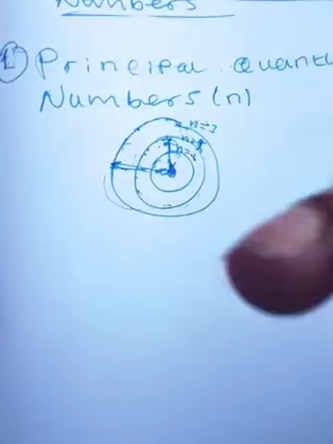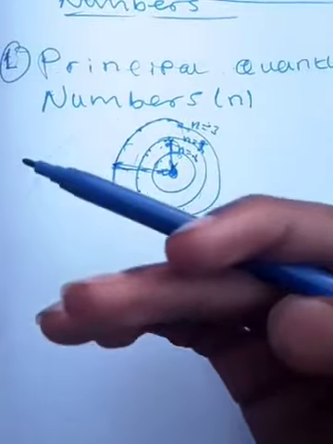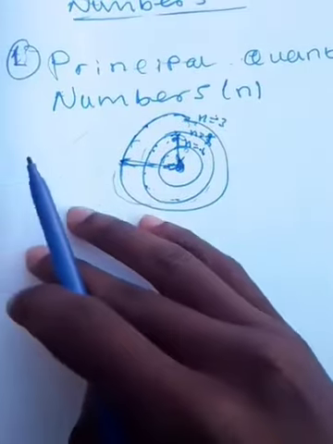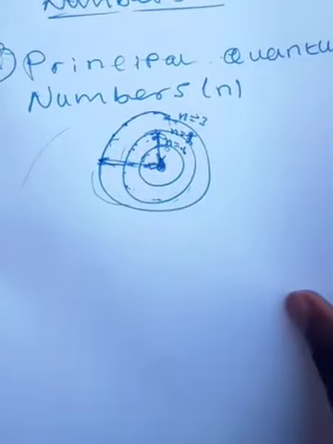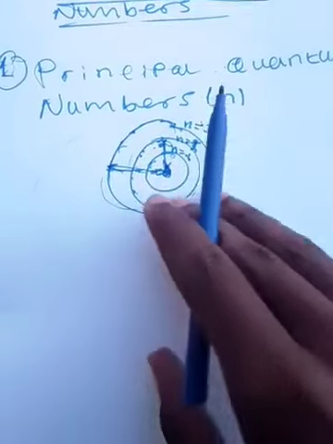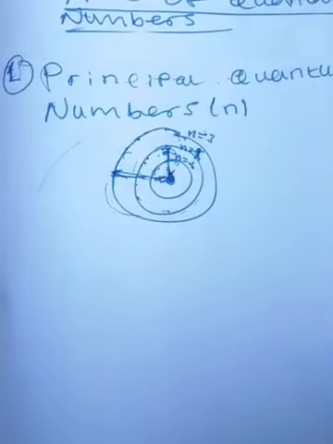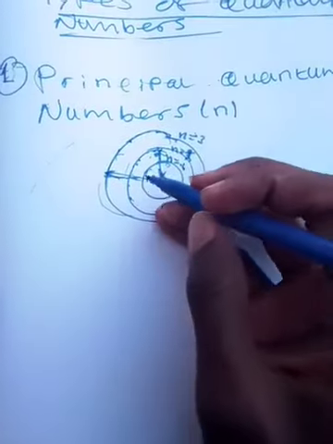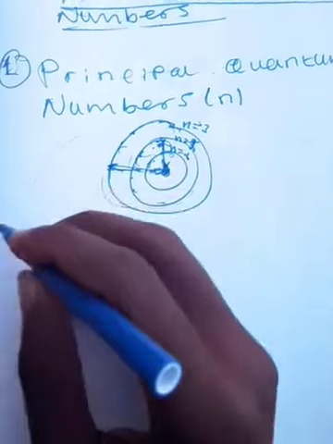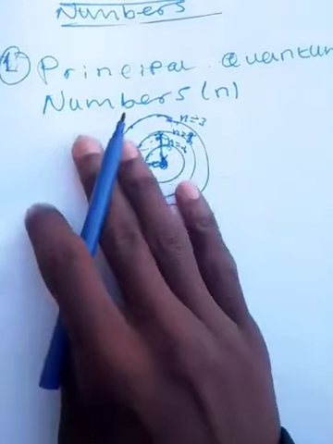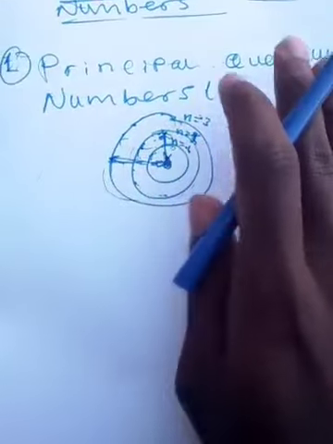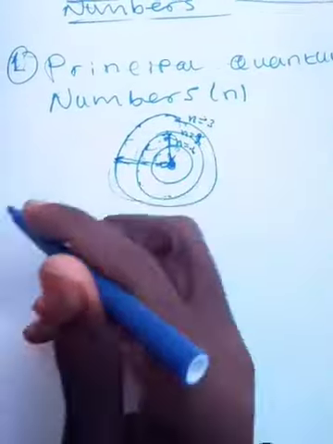So it also represents the average distance of an electron or of a shell from the nucleus. Okay, so that's one of the important concepts you need to know. So that's it about principal quantum numbers. There's nothing complicated here.